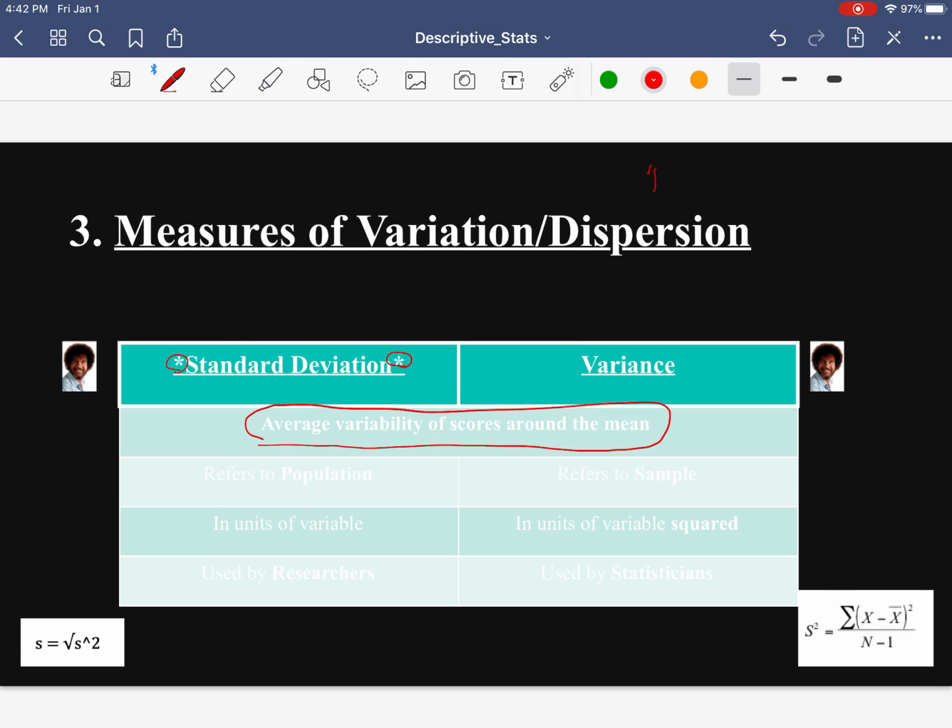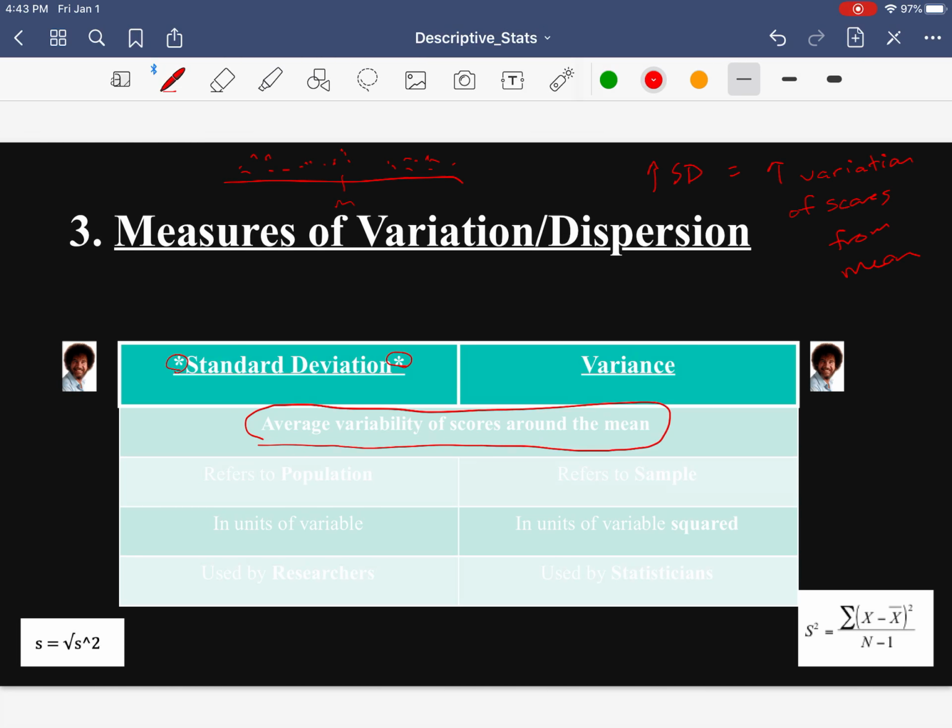Therefore, if I have a high standard deviation, that means that there's a lot of variation of scores around the mean. So if I have my x-axis and here's the mean, a higher standard deviation means that I have a lot of scores out here and I have a lot of scores out here.